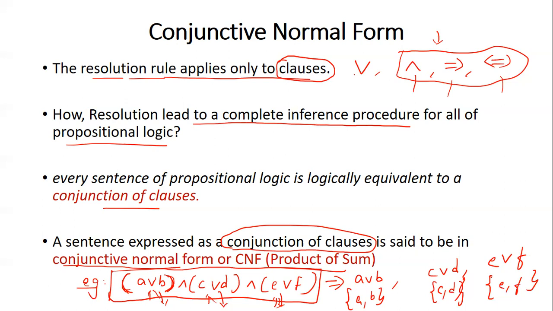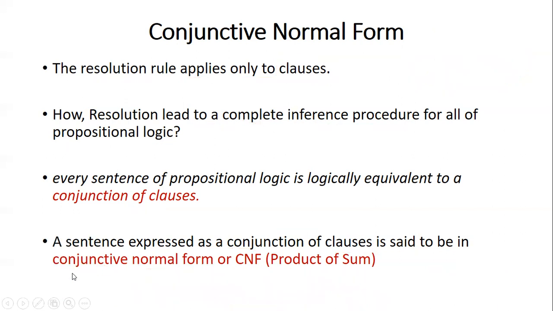After converting to conjunctive normal form, we can apply resolution. So that's the whole concept. As we can convert any sentence to conjunctive normal form, and if the sentence is in conjunctive normal form we can apply resolution, hence any sentence can be inferred using resolution.